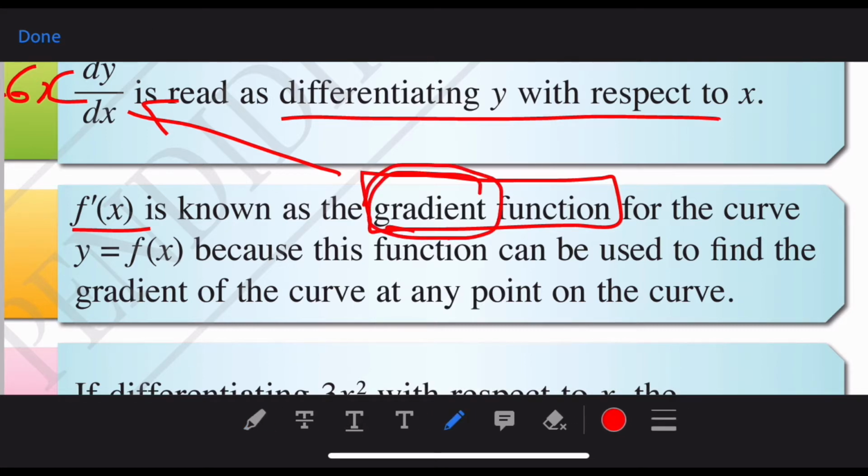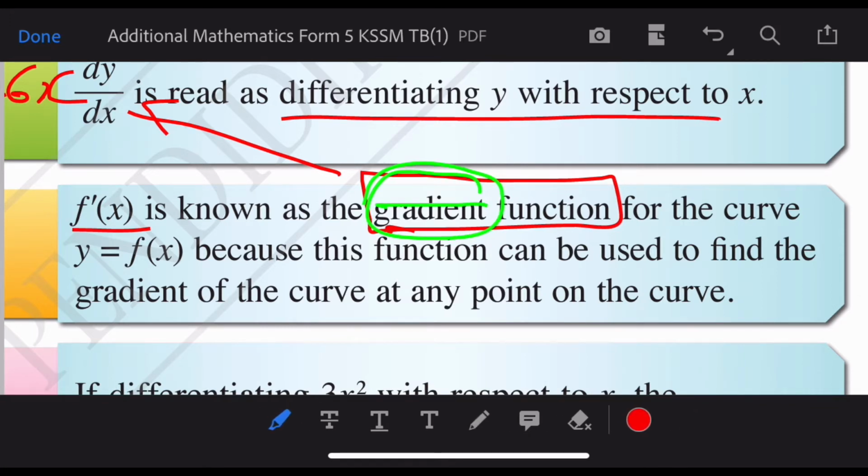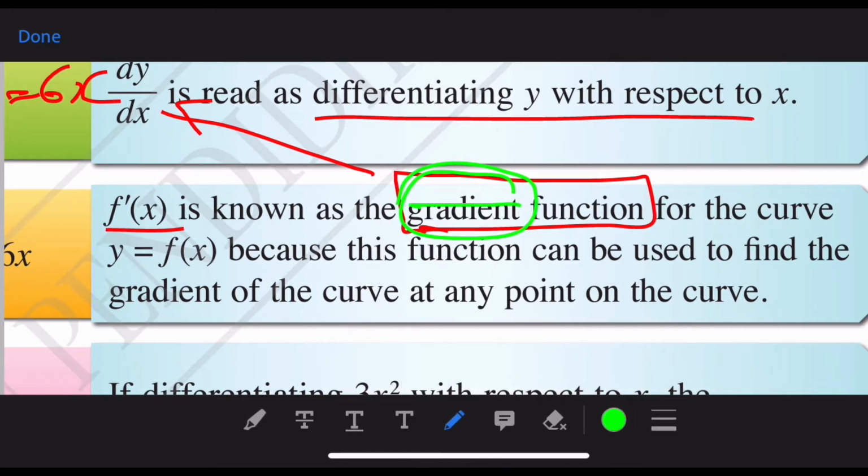When you see function, you say y, no problem. But when you see gradient function, you cannot say it's y. You must say dy/dx.